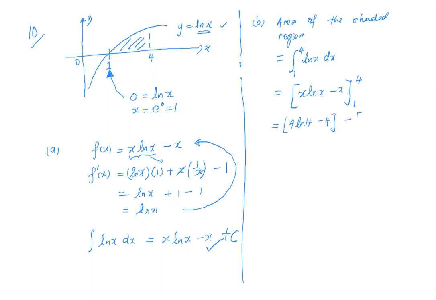Take away, sub with 1. Ln 1 is 0. Okay, done.